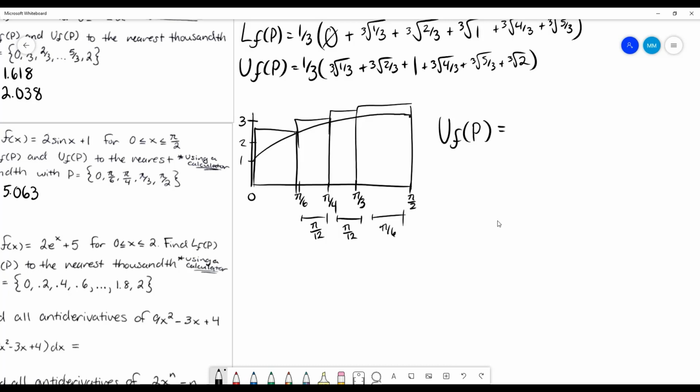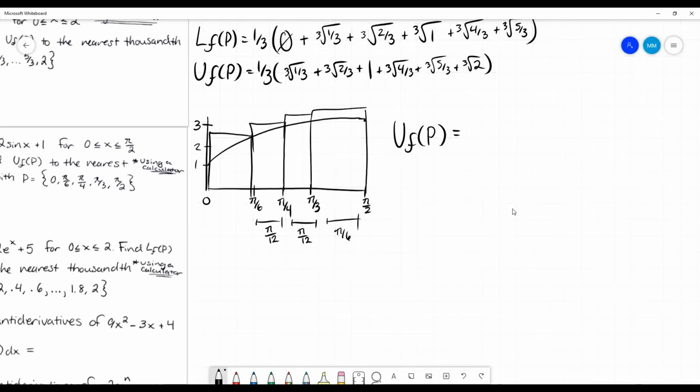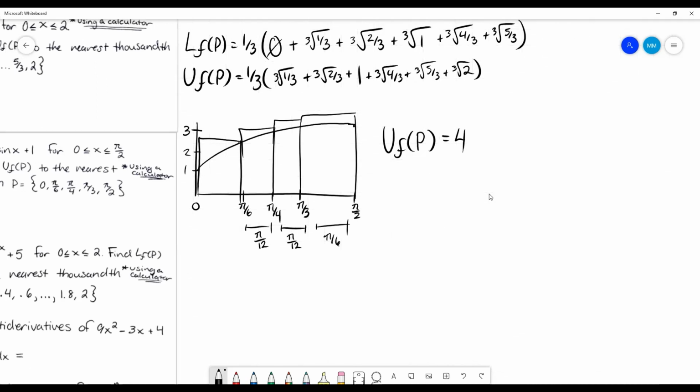It's going to be sine of this plus 1, sine of this plus 1, sine of this plus 1, sine of this plus 1. So it's going to be 4 plus 1s, which I can just pull out as a 4 in the front, and now we can ignore them. Remember that f of x equals 2 sine of x plus 1. We're now ignoring that plus 1 because we've just done them all.